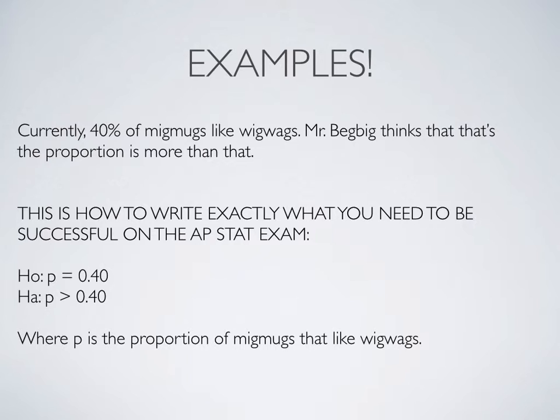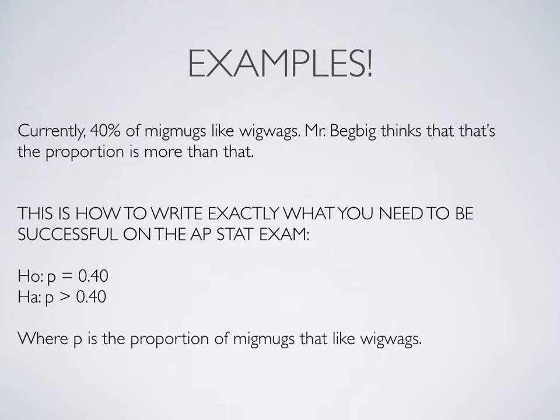Our H0 is p equals 0.4, from the fact that 40% of MIGMUGs like wigwags. HA is that the proportion is greater than 0.4, because Mr. Begbig thinks that the proportion is more than that.